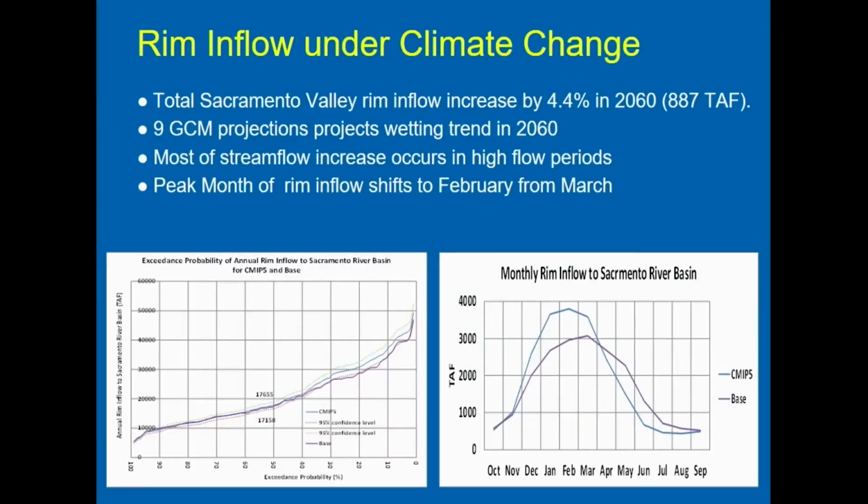And the right panel is the long-term mean monthly rim inflow. The blue line is climate change inflow in the middle of century, and the purple line is base. The peak inflow is shifted 1 month earlier, due to early and quick snow melting, and also a high ratio of rain in the precipitation.